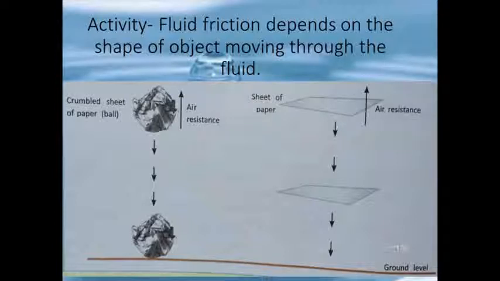Both of them are released from the same height. We observe that the ball-shaped paper reaches the ground first and the plain sheet of paper afterward. It is because fluid friction depends upon the shape of the moving object. Plain sheets have more surface area, so they experience a higher fluid friction value.